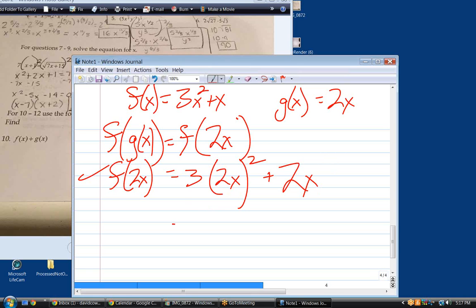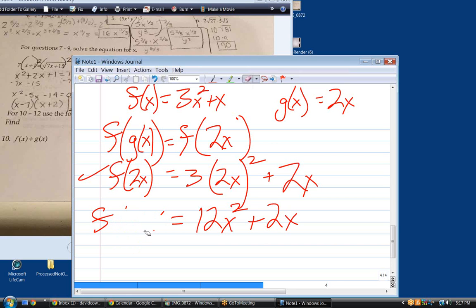Okay, so tell me how to expand this. That would be 12x squared. Yeah. Plus 2x. So that is f of g of x.